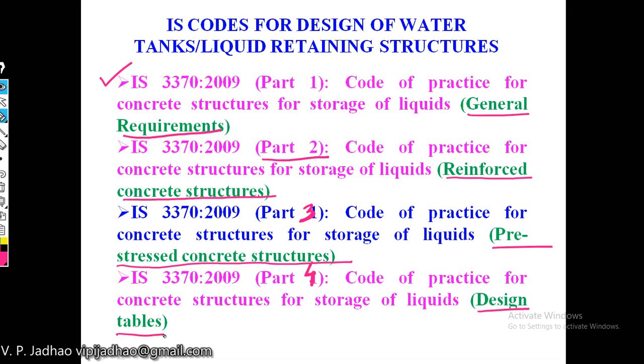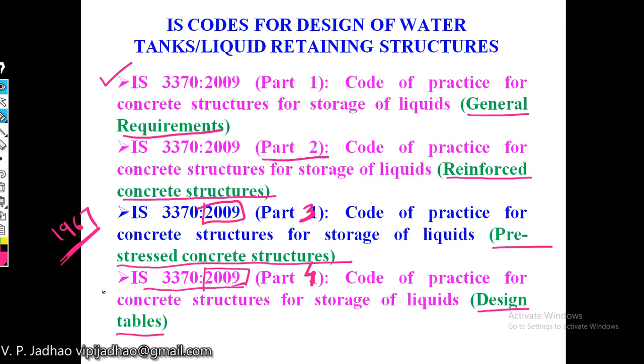As the design analysis of water tank itself is a very complicated thing, for making it simple, this particular IS code IS 3370, I think this year is also wrong. This is, I think, 1967. Please make this correction.